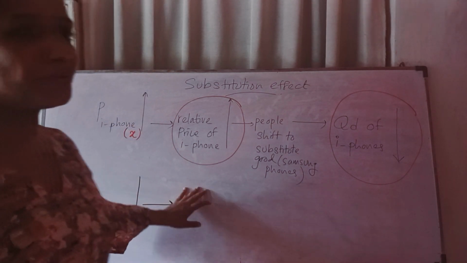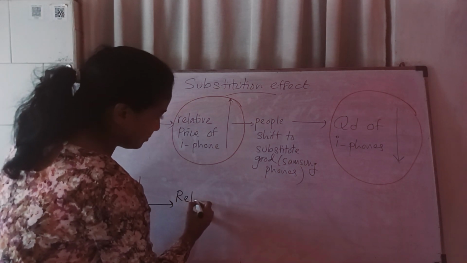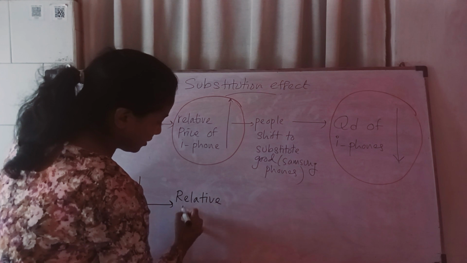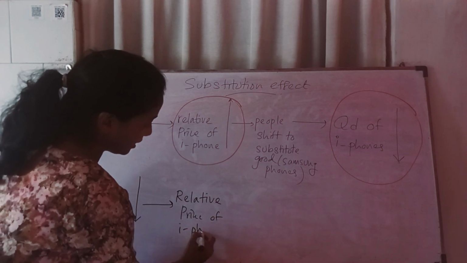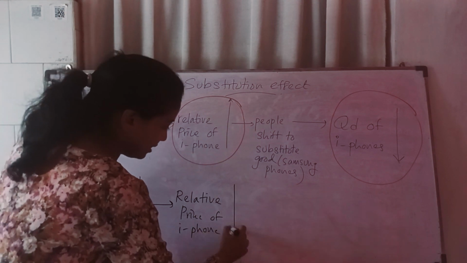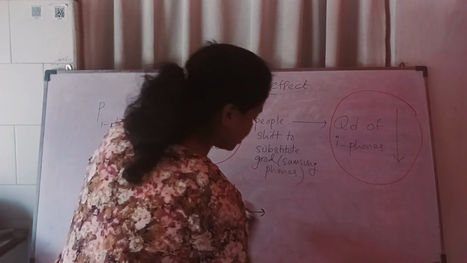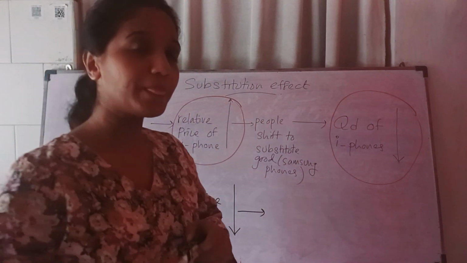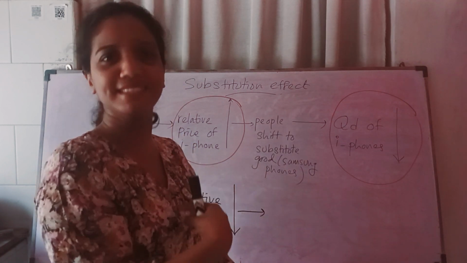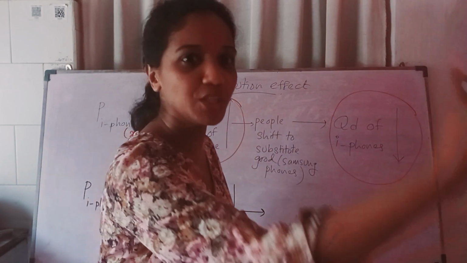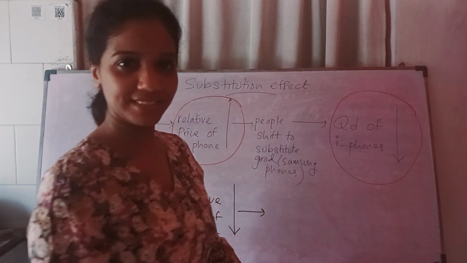Which means the relative price of iPhones becomes cheaper, which means it reduces. Therefore, the people who consume Samsung phones will shift to our concerned good, which means they will shift to iPhones, right?